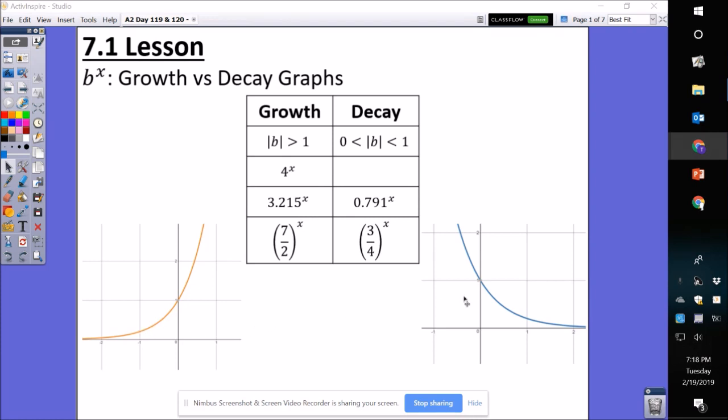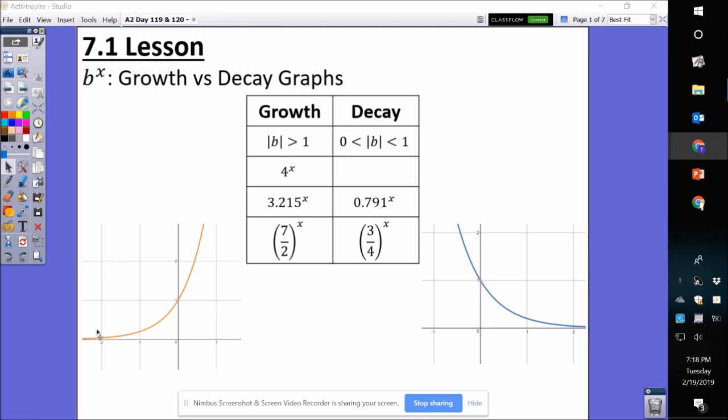Now, if you're looking at the blue graph at the bottom right, from left to right, you're going to start up top and then it will decrease as you move along towards the right. So pay very close attention to the differences and the similarities between these 2 graphs.